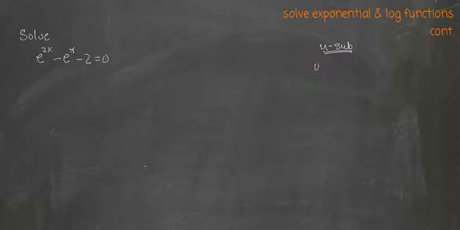So you're going to let some complicated value equal U, and then do a bunch of processes, and in the end you have to replace the complicated value back into the problem. All right, so that's a little picture that kind of describes it, but it's much easier to see when we actually do it.